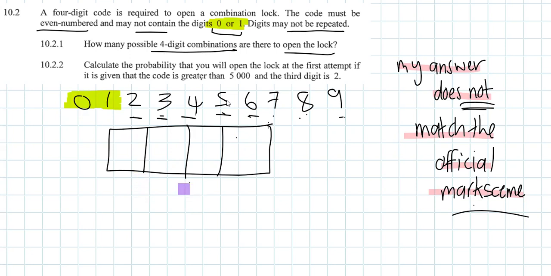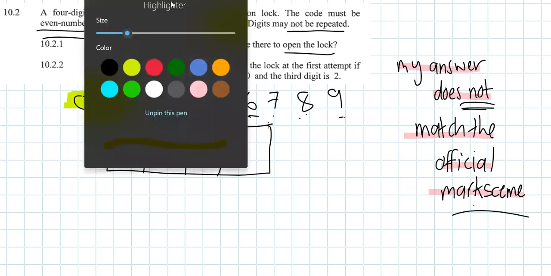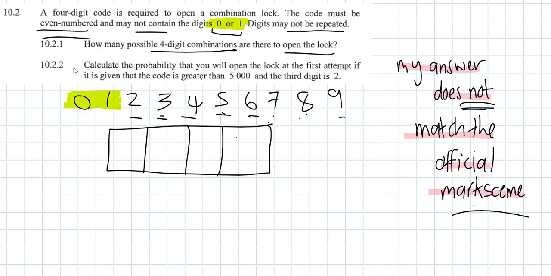So that means once you've used a digit, you can't use it again. And it must be even numbered. In my interpretation, an even numbered code must end on an even number.